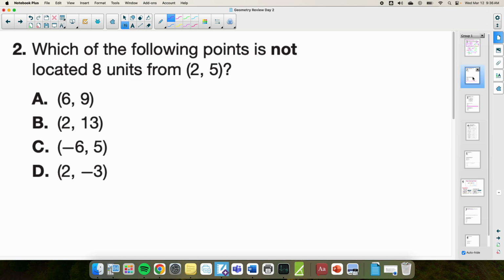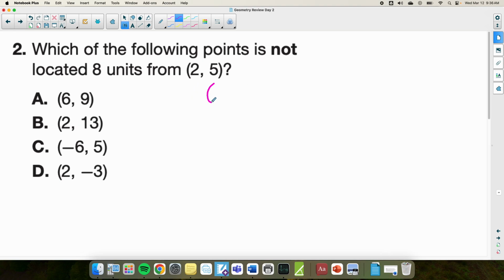It says, which of the following points is not 8 units from 2, 5? So I would do this one personally, that shortcut way. I would start with my x and I'd add 8 to it, keep my 5 the same. Then I would start with my 2, subtract 8 from it, keep my y the same.